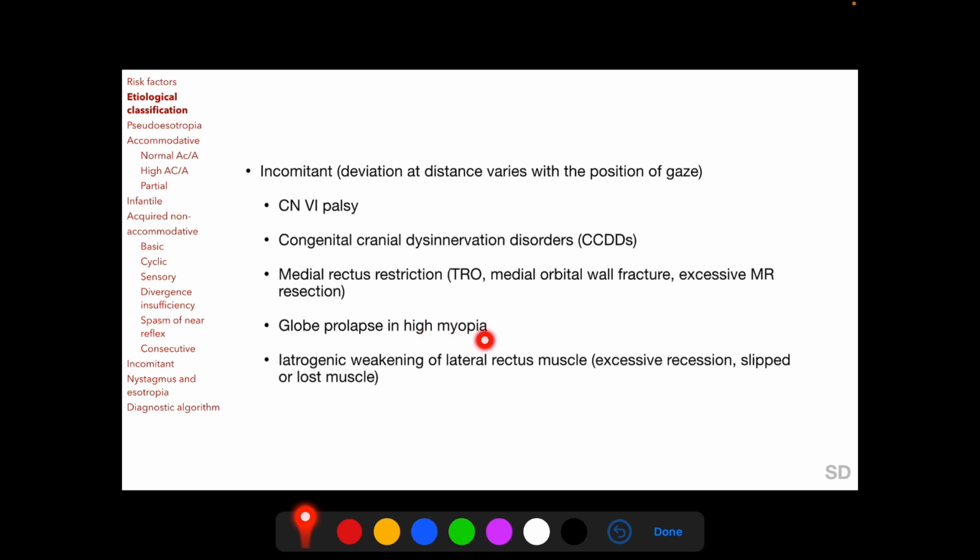In high myopic patients, there can be lateral prolapse of the posterior portion of the globe, leading to esotropia. Iatrogenic weakening of the lateral rectus muscle can also lead to incomitant esotropia, and this can result from excessive recession of the lateral rectus muscle or a slipped or lost lateral rectus muscle during surgery.